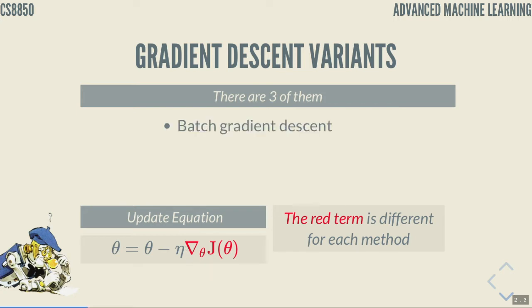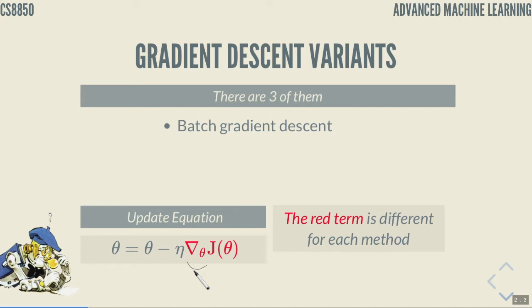One is batch gradient descent. Batch means all of the data is used to evaluate the gradient and the objective function. The gradient is a functional. It takes a function and returns a function.